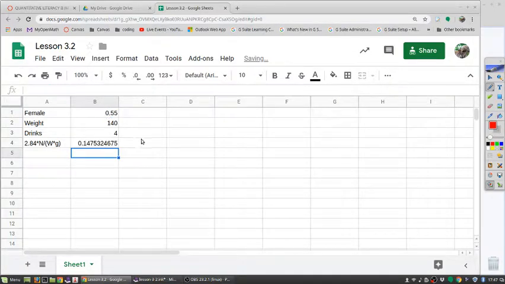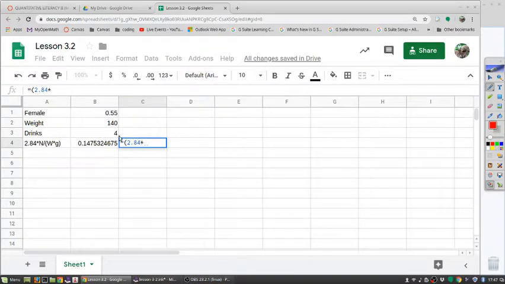So I'm just going to double check that calculation by being more careful with parentheses. What if I put parentheses around the numerator? Because it's complicated, that's always a good idea. Times the number of drinks, close parentheses, divide, start the denominator with a parentheses, weight times the gender factor, close parentheses.